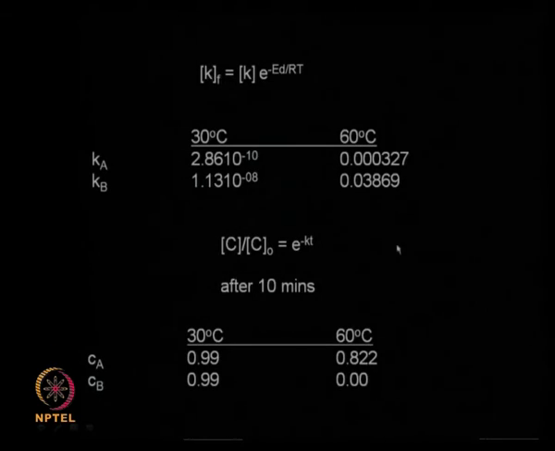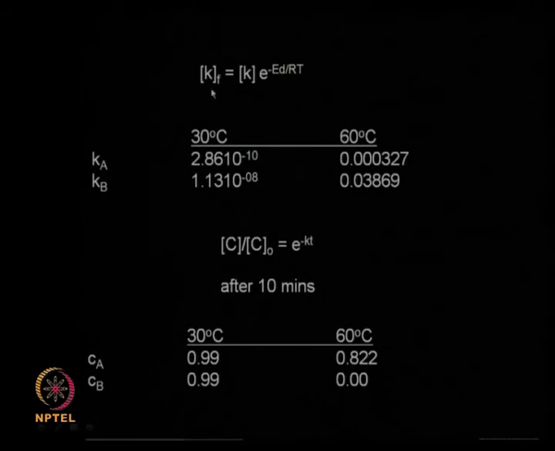That is how temperature affects deactivation kinetics, and generally it is reasonable to assume an Arrhenius type of dependence for deactivation of proteins or enzymes, and we generally assume a first order relationship for the deactivation kinetics. So these two equations are valid for most of our enzyme deactivation kinetics.